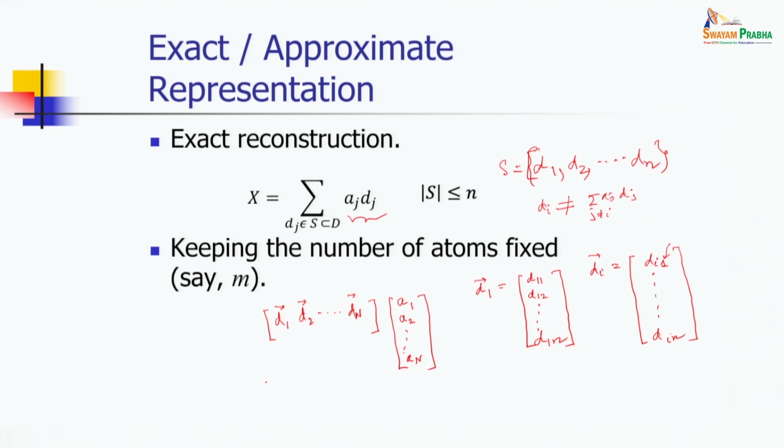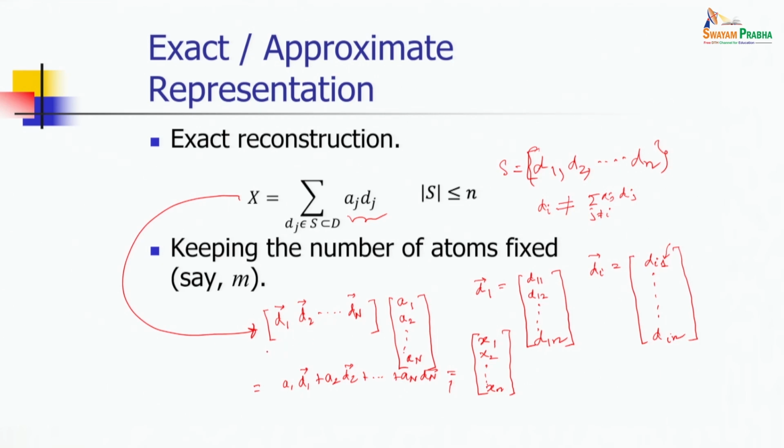Now if I do this matrix multiplication, it is nothing but A1 D1 plus A2 D2 plus An Dn, and this is equal to the vector x, as we know. So this equation can be written in this form when we would like to have an exact representation. This equality we are putting here.